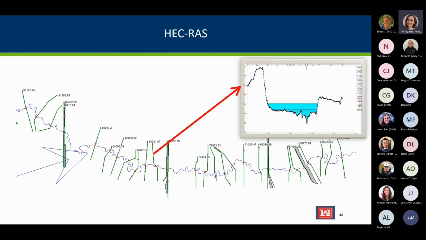For detailed studies, we'll usually get survey data in the channels and then use LiDAR on the overbanks. In the past, we had to get survey crews to go out and get these cross sections for detailed studies, but now with LiDAR, it's a lot easier.